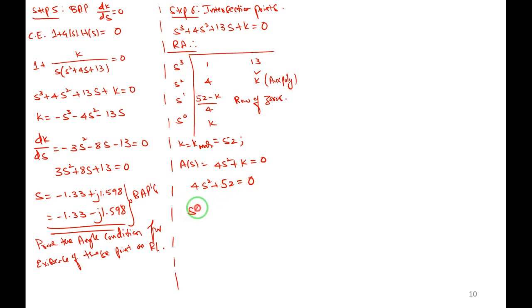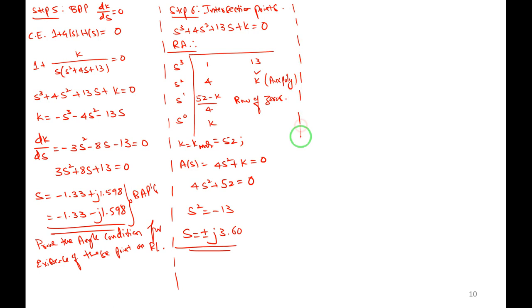So s square is equal to minus 52 by 4, which is minus 13. So the intersection points are plus or minus j root of 13. Root of 13 is 3.60. Is it fine? Okay. So intersection points over.